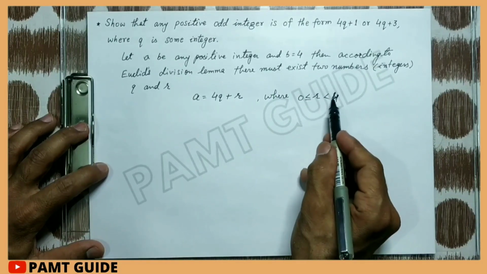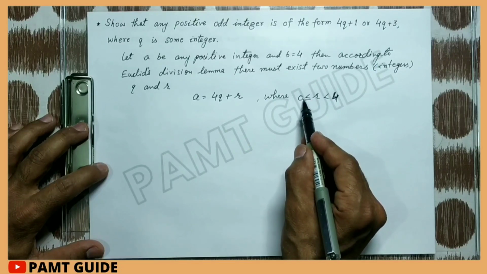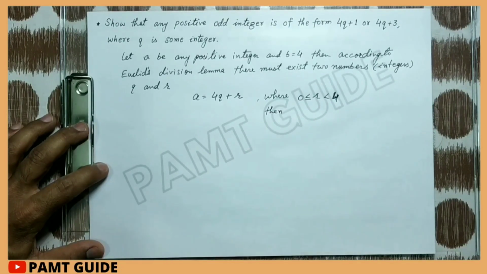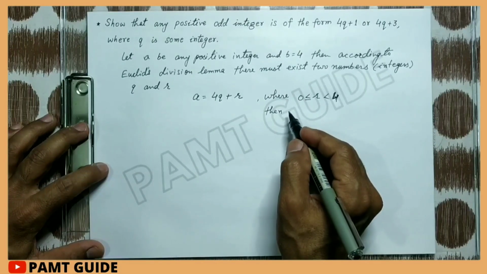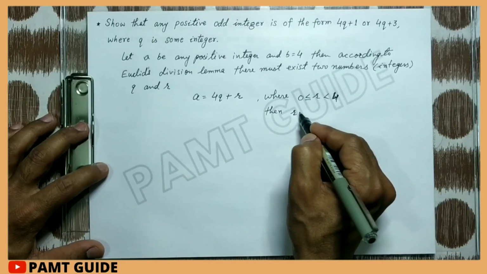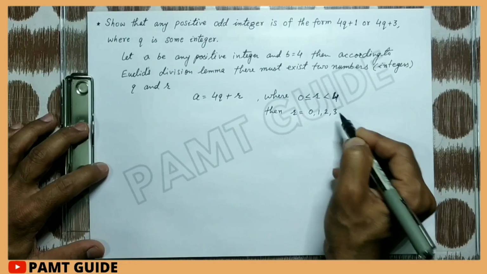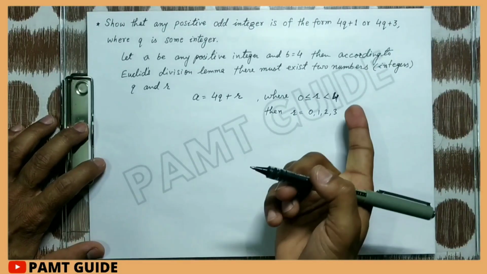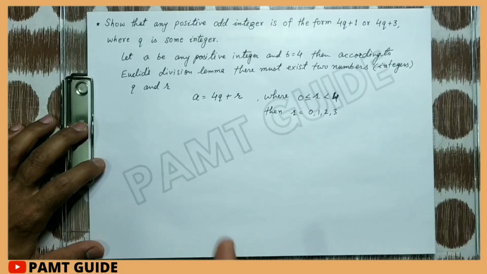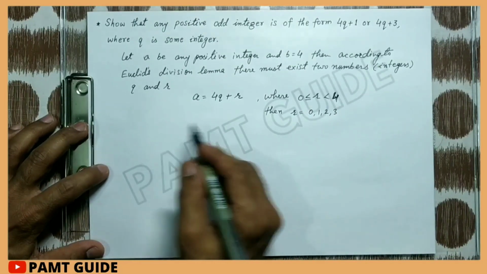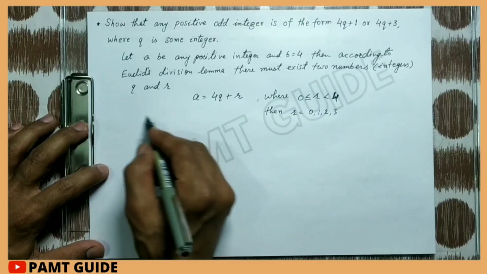So r is less than 4 but greater than or equal to 0. Then what will be the value of r? Then r will be equal to 0, 1, 2, 3. But r can never be equal to 4 because it is always smaller than the divisor. So now solve it.